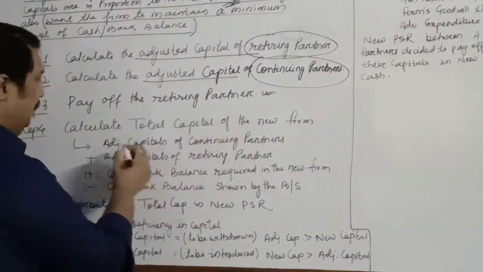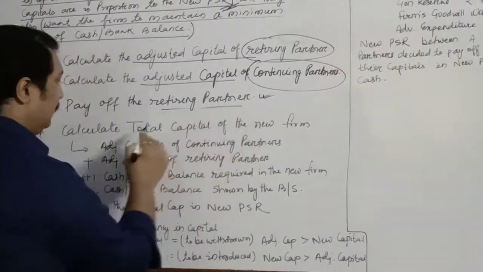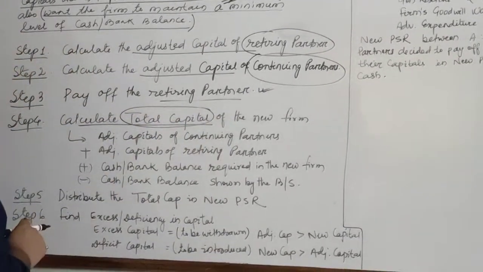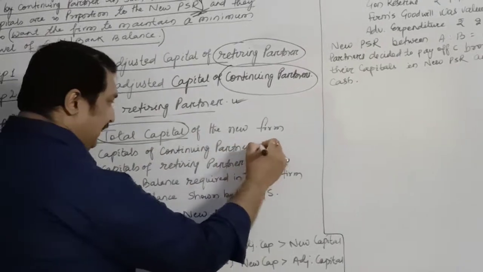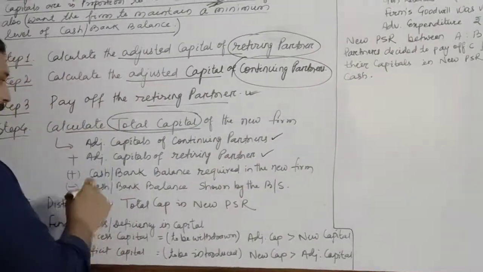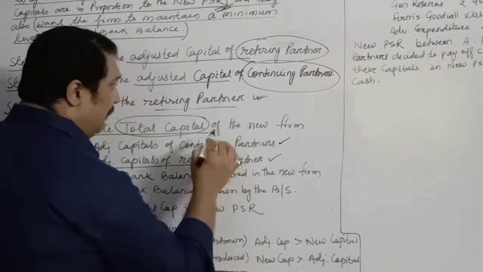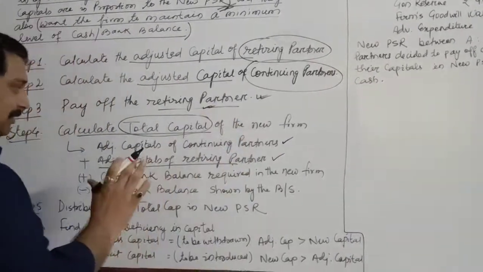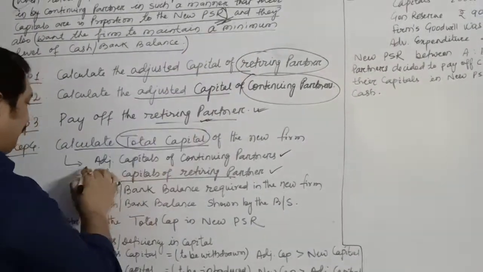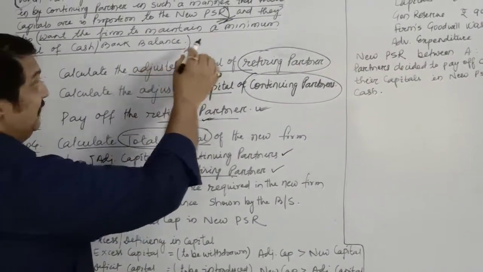Whatever amount will be needed to pay him off, with the help of that you will calculate the total capital. How to calculate the total capital? You will take the adjusted capital of the continuing partners, the adjusted capital of the retiring partner, and the amount which you have to pay to the retiring partner, and add them. Now till here we have done this much. Now what is the addition?